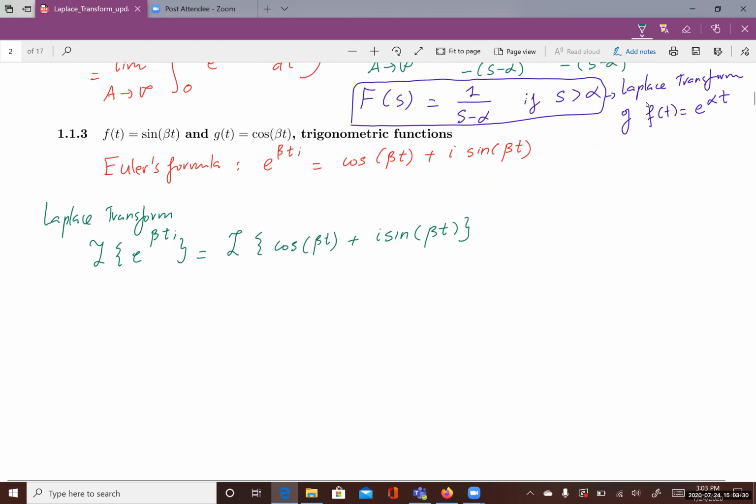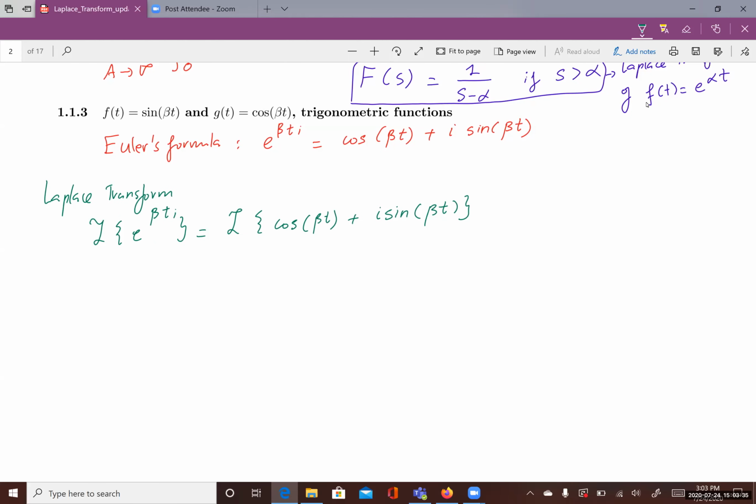Okay. Now what? Now, again, I'm just going to use the definition of Laplace transform, which is going to equal the integral from 0 to infinity of e to the negative st cosine beta t dt, plus i times the integral from 0 to infinity of e to the negative st sine beta t dt.